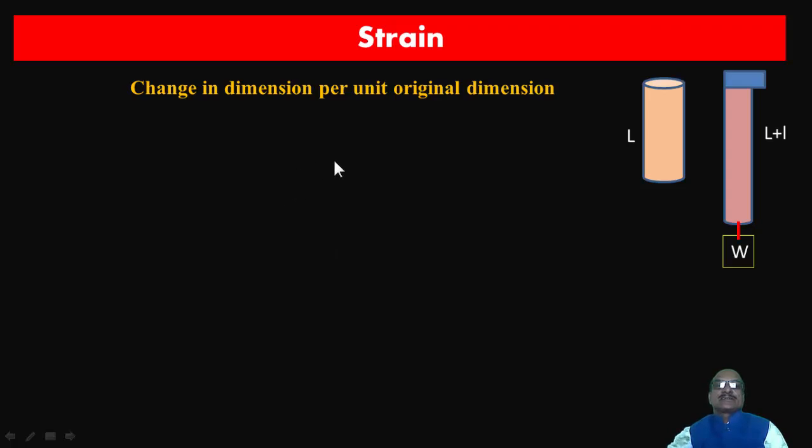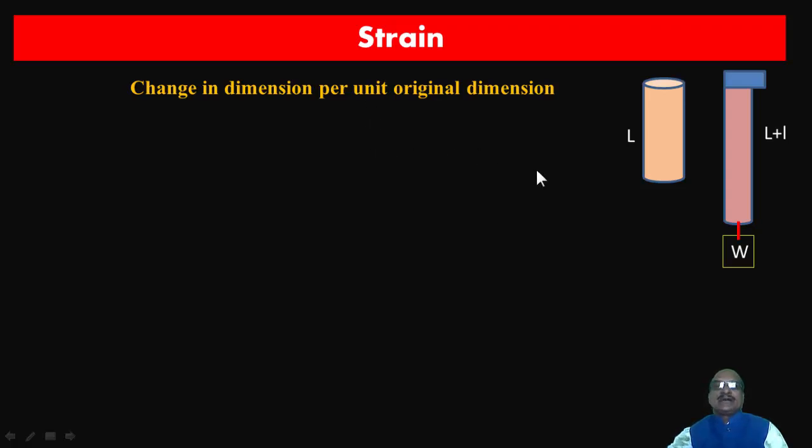Now let us consider the term strain. It is usually defined as the change in dimension per unit original dimension. As we have seen, by applying deformation forces, either one can change the length of the material body, one can change the volume of the material body, or one can change the shape of the material body.